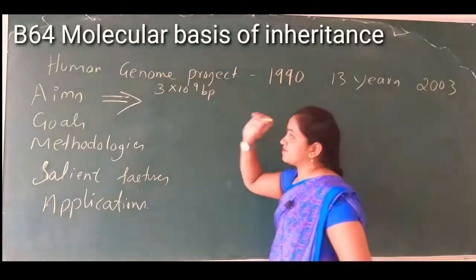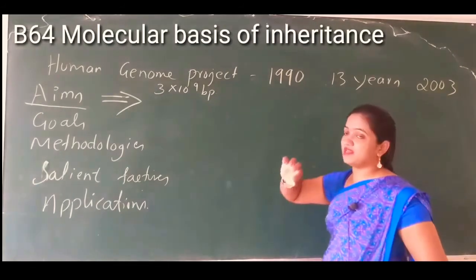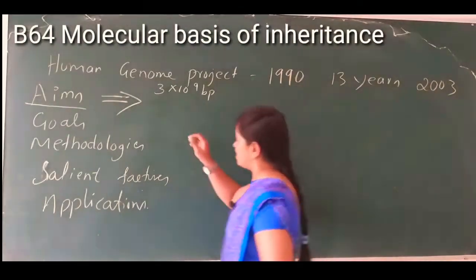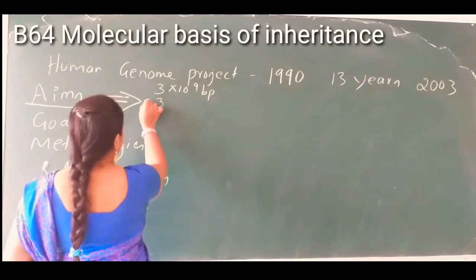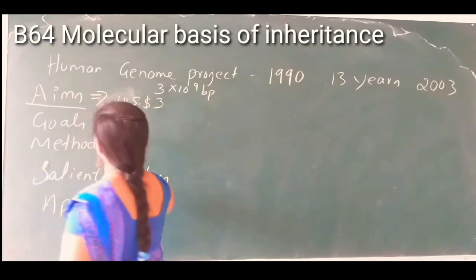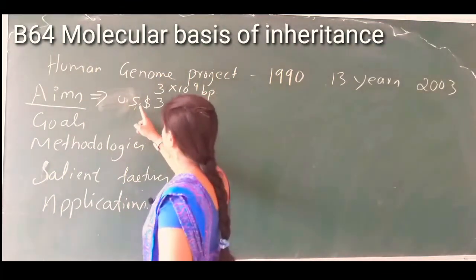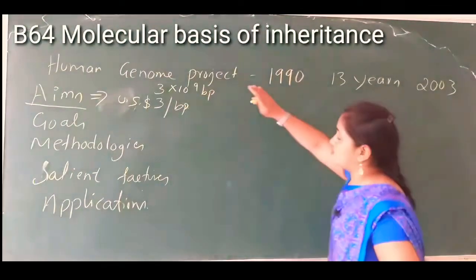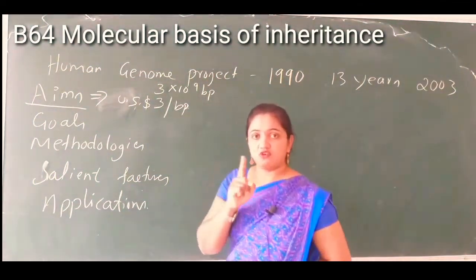In the aims, they estimated that this many base pairs are present in the human body, and the cost to find out one base pair is $3. It is $3 per base, not to find out all the total base pairs, but to find out one base pair.